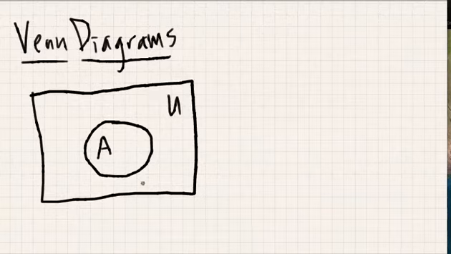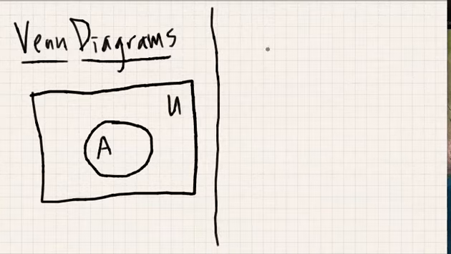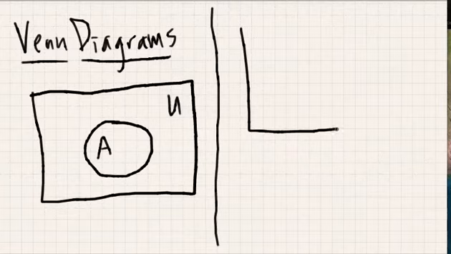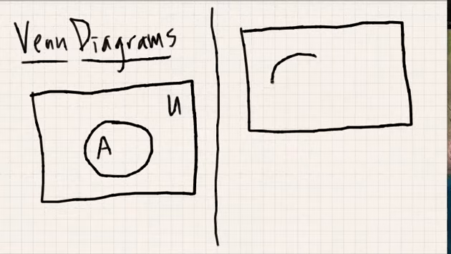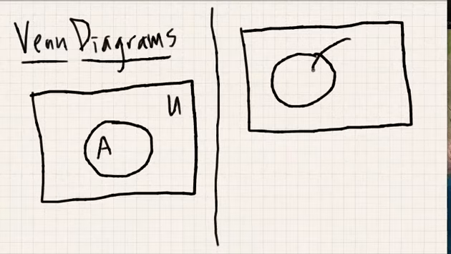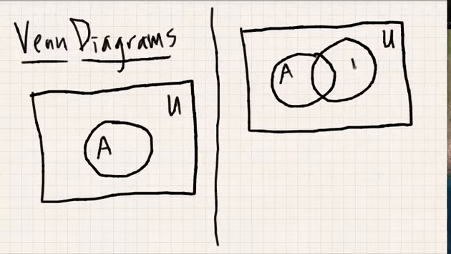This just says that A is a set inside of the universal set U. It also allows us to draw a couple of sets. If I'm talking about two sets A and B, this is the typical picture we'll draw. That's the set U. Here's A, and here's B.